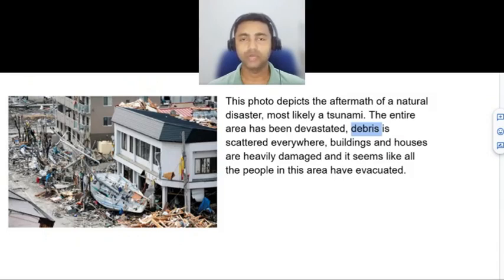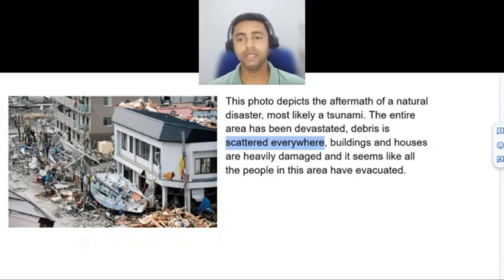Here there is broken wood, and there's a boat as well, a boat which is carried to the land, and the building pieces and the trees are also there. All these can be taken as debris. Debris is scattered everywhere.